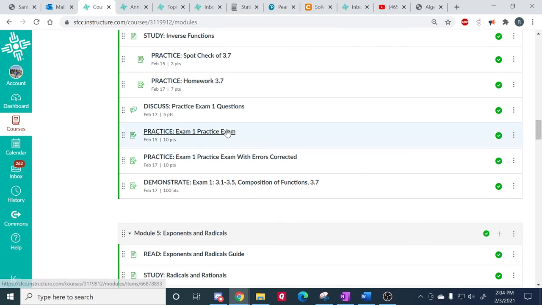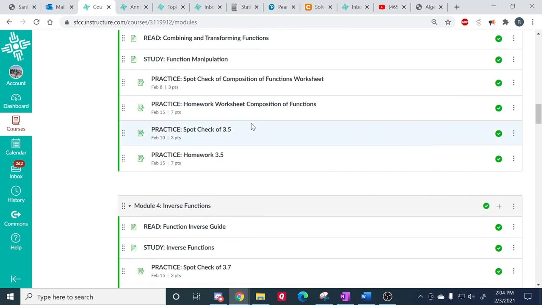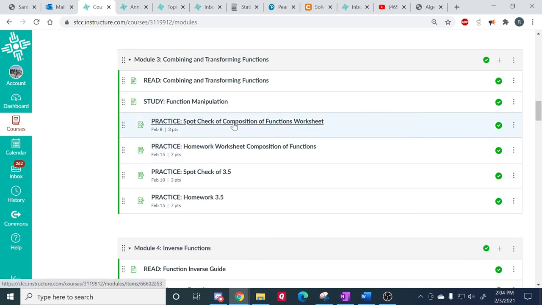Okay, composition of functions. And so we've been doing that was 3.4. Composition of functions worksheet.